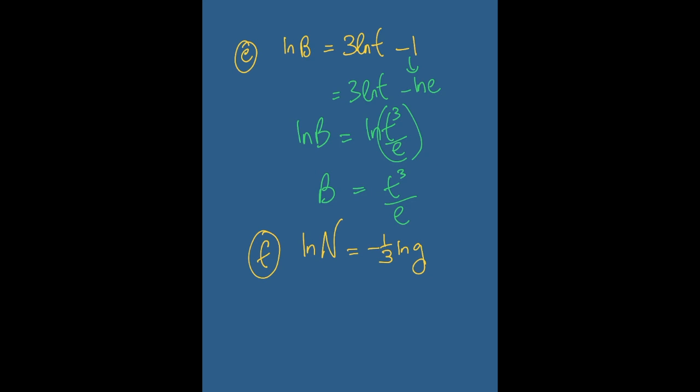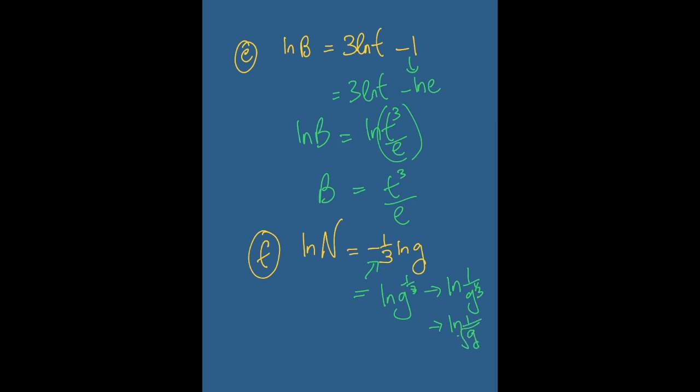Continuing with looking at our log laws here, what does this mean? Well, that is going to be ln of g to the minus cubed here, which is the same as 1 over cube root of g.